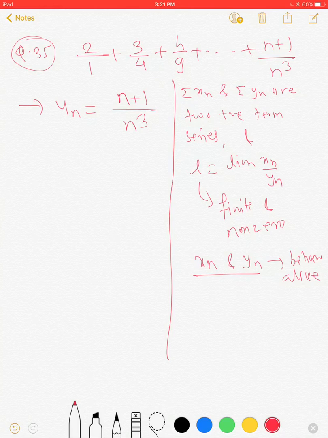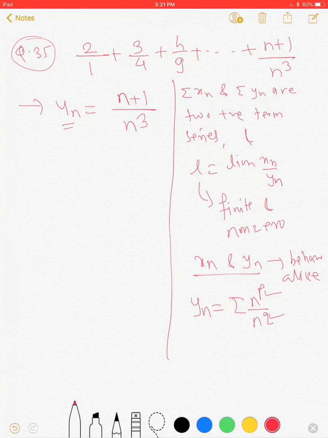Here we have to choose the series yn. Generally we choose yn as n raised to the p upon n raised to the q, where p is the highest power of n in the numerator of xn, and q is the highest power of n in the denominator of xn.